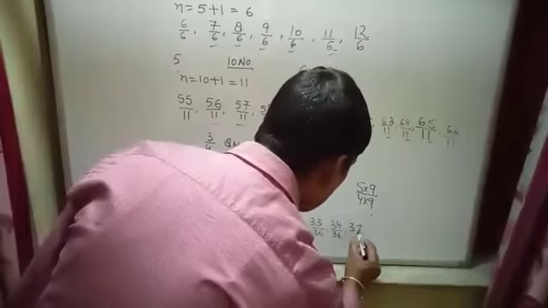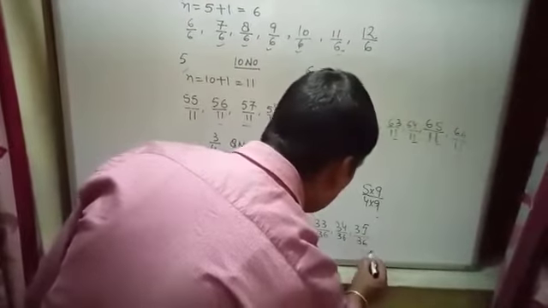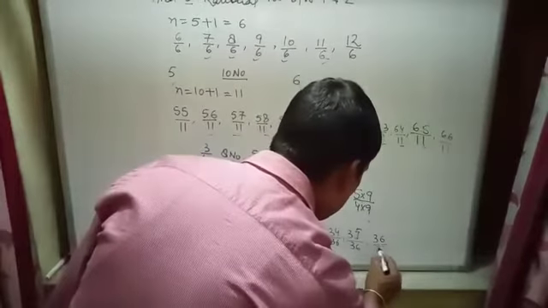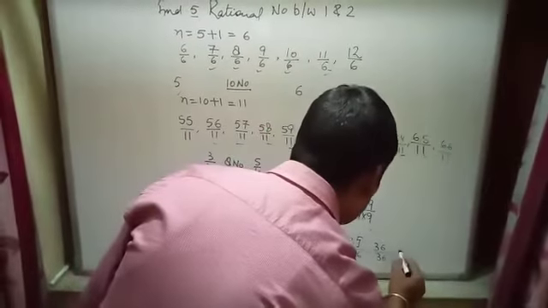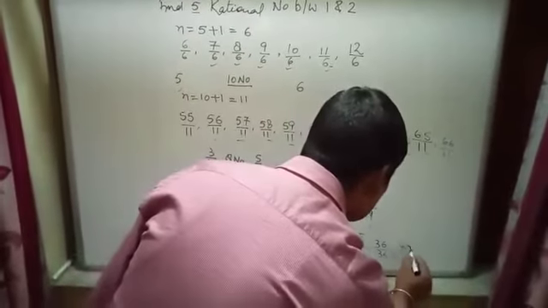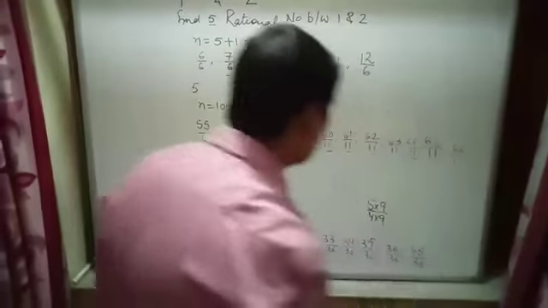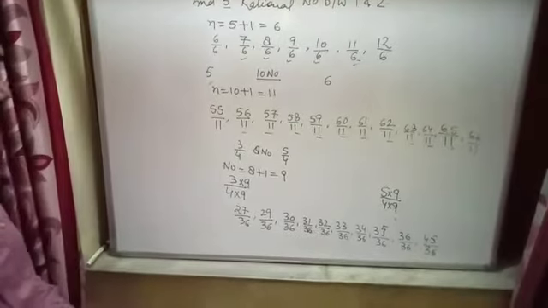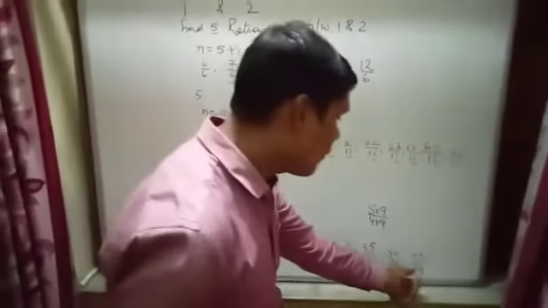You can write any of the numbers between 27 by 36 to 45 by 36.